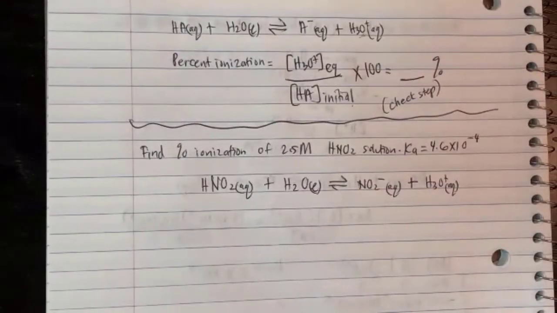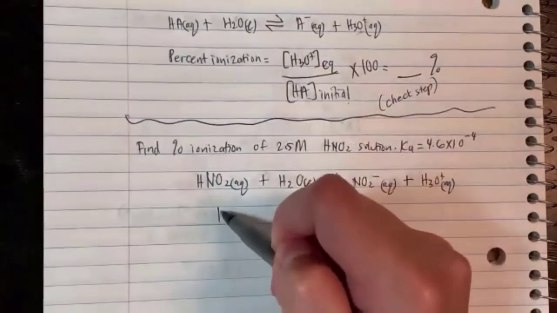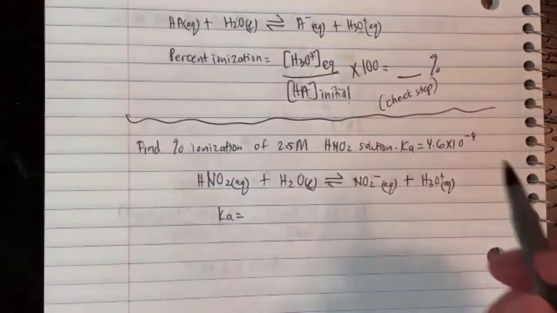If you still don't know how to write the equation, you have to go watch the video for the class before this, the first class of chapter 17, where we were learning how to write equations. All right, so now that you have that equation, we'll go ahead and write the K formula, in this case Ka.